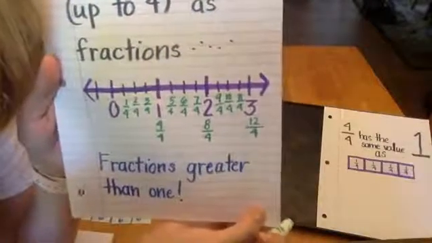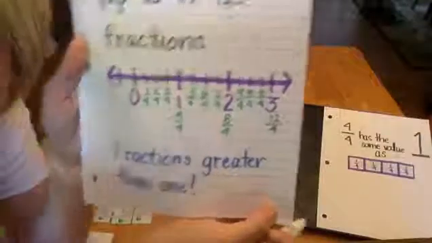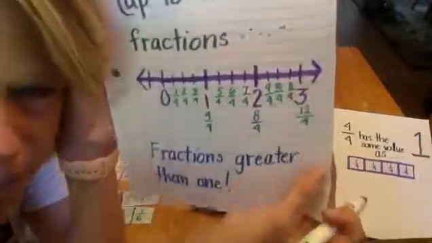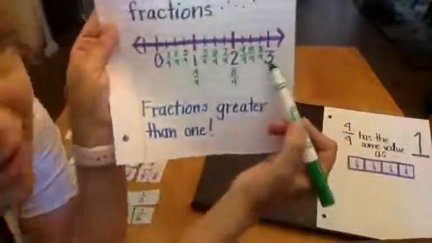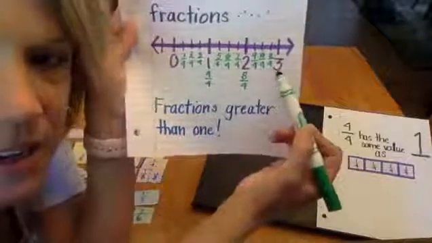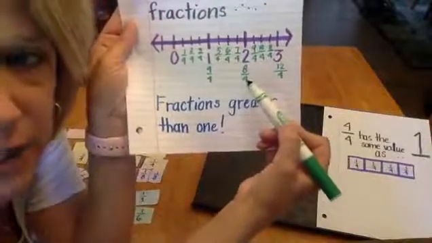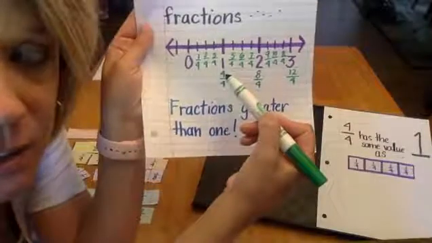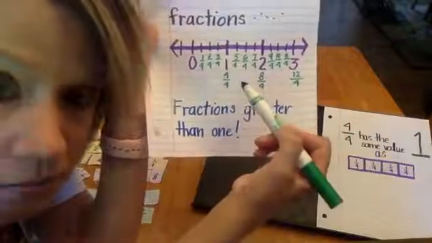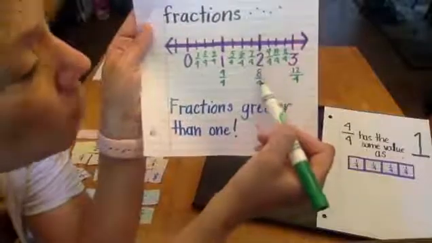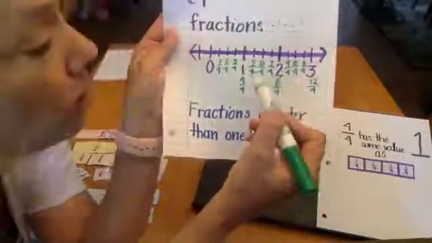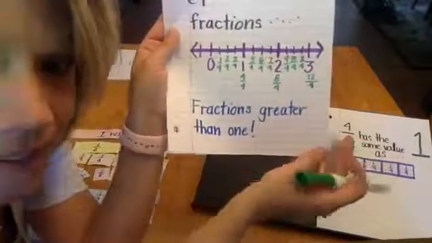So 12/4 is greater than 1. Why is that? Because 12/4 has the same value as 3. 8/4 is greater than 1. Why? Because 8/4 has the same value as 2. And 2 is greater than 1.